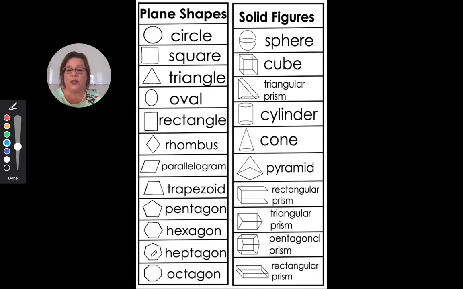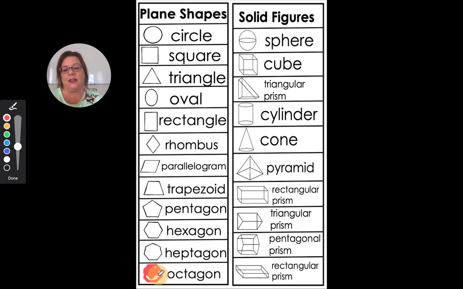We have 2 more shapes. These ones are new. We have heptagon. A heptagon is a 7-sided shape. And an octagon, this one we know because usually every time we see an octagon, it is red and it says stop in the middle.